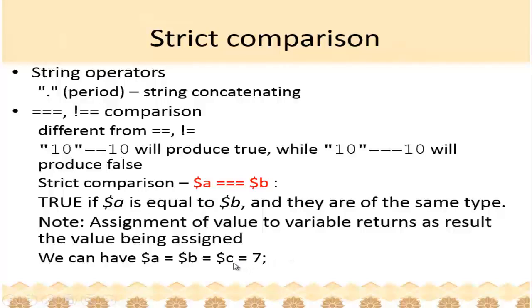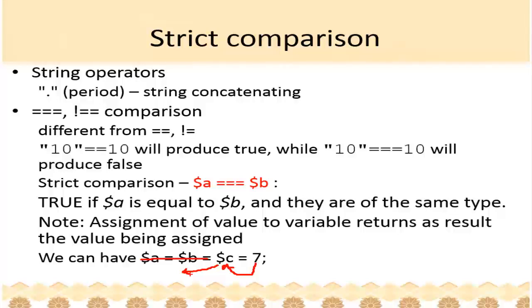Now, when you assign a value to a variable, it actually returns the value that was assigned to it. So, if you ignore the other part, when you assign 7 to this variable, it actually returns the value that was assigned. So, when I say c equal to 7, it returns what was assigned.